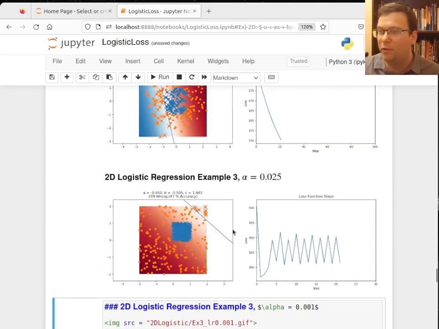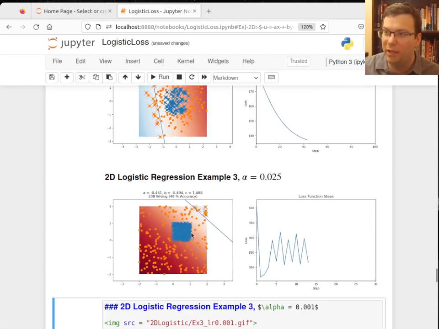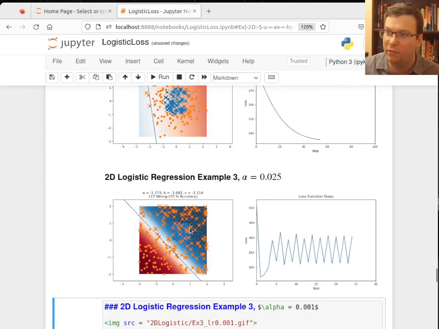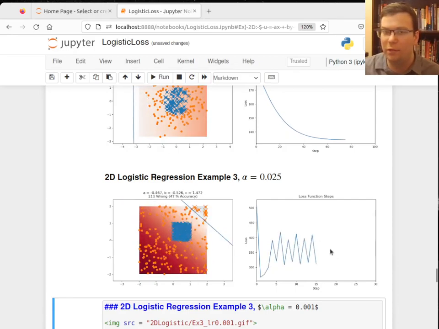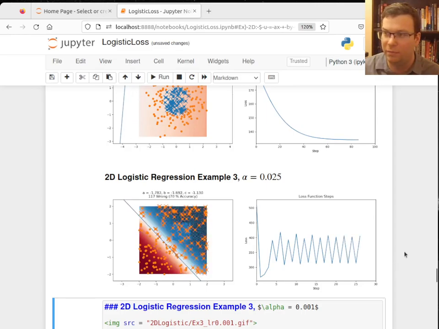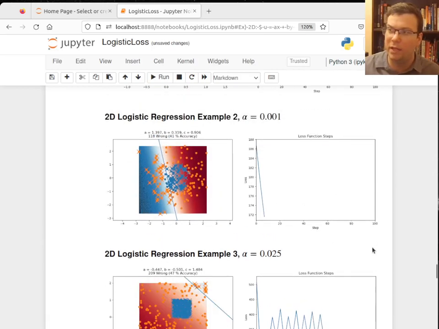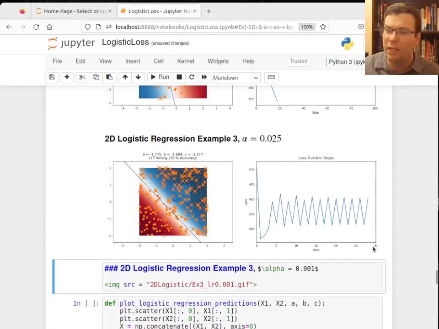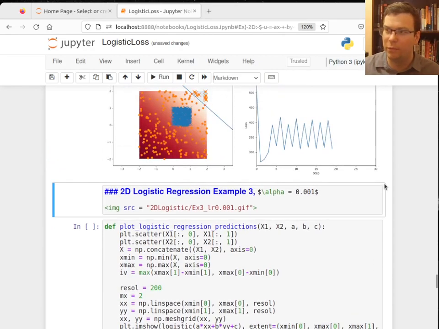Just another fun thing, here's another example where it's not separable, and if I make the learning rate too big, it kind of jumps back and forth between like 70 and 47%. But you could see that from that telltale oscillation in the loss function. This kind of thing can happen even if it's not such a nice problem. Even if there's not one single minimum, this is still something to watch out for.